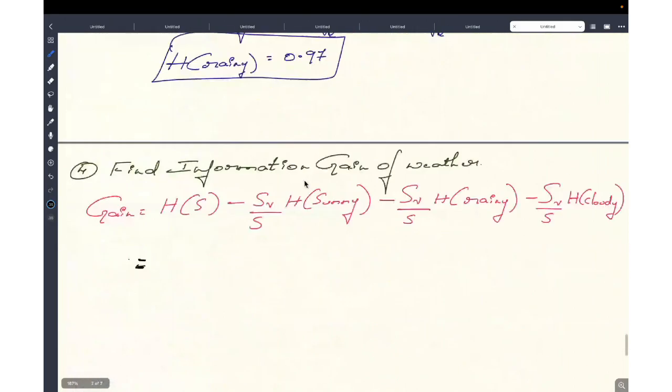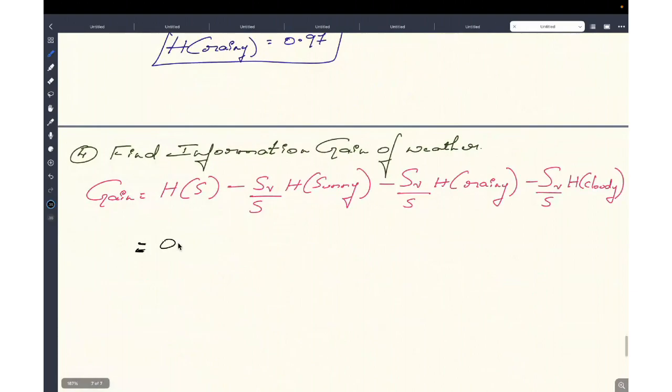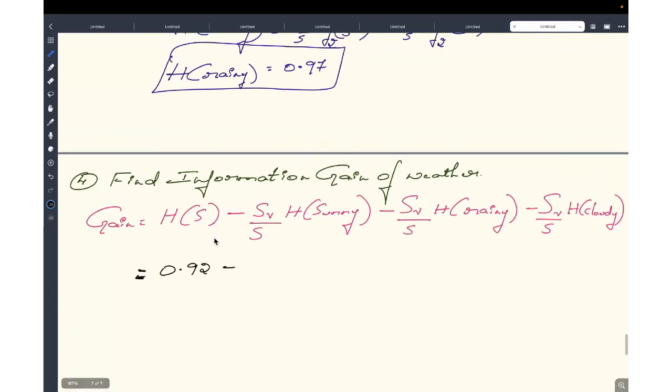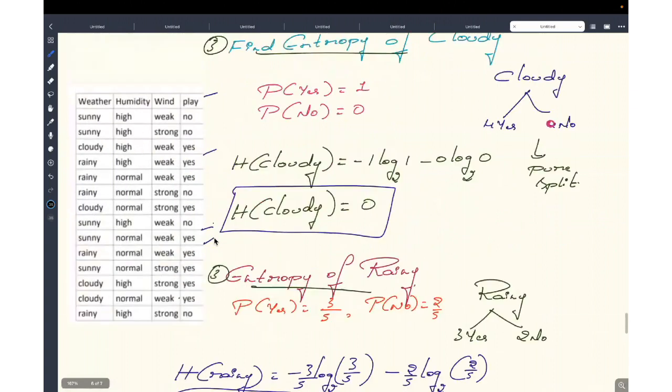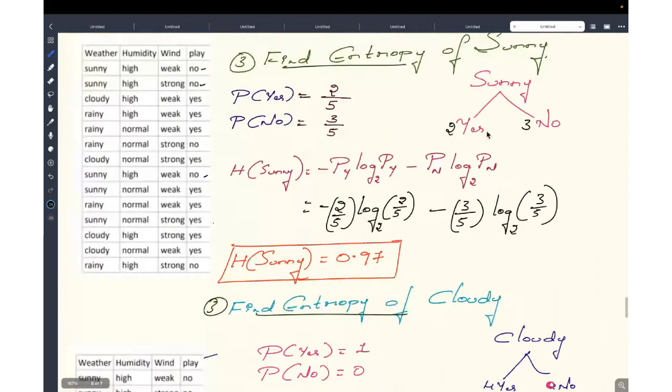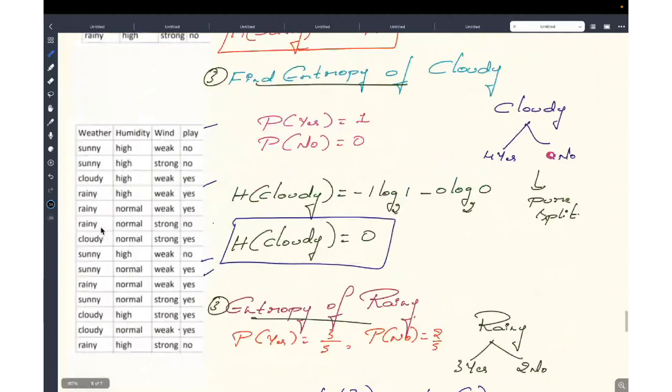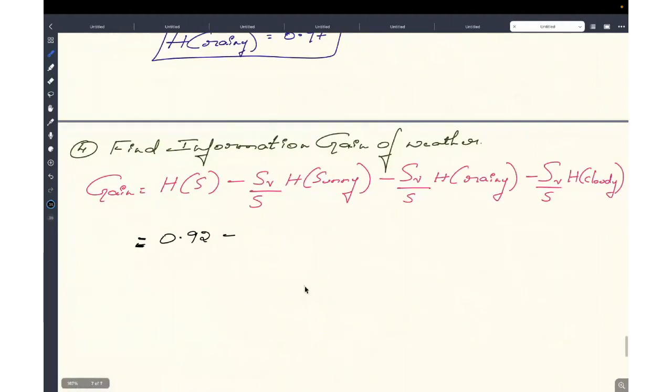Minus. Can you tell me the overall samples related to Sunny? Only samples related to Sunny. How many samples are there related to Sunny? 1, 2, 3, 4, 5. Getting 5 Sunny records out of how many samples?